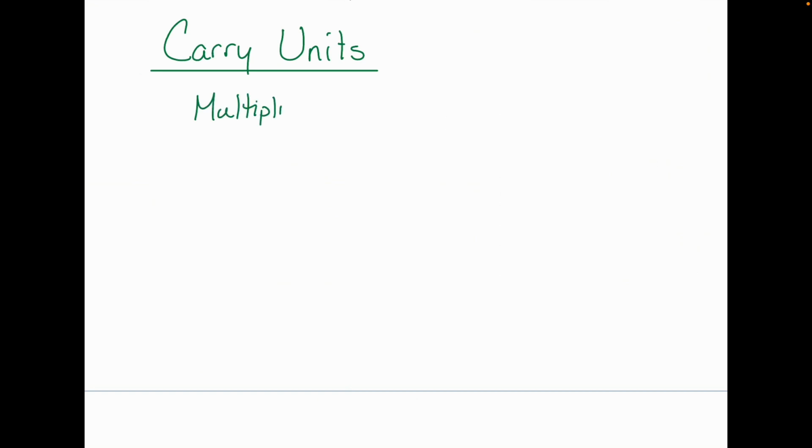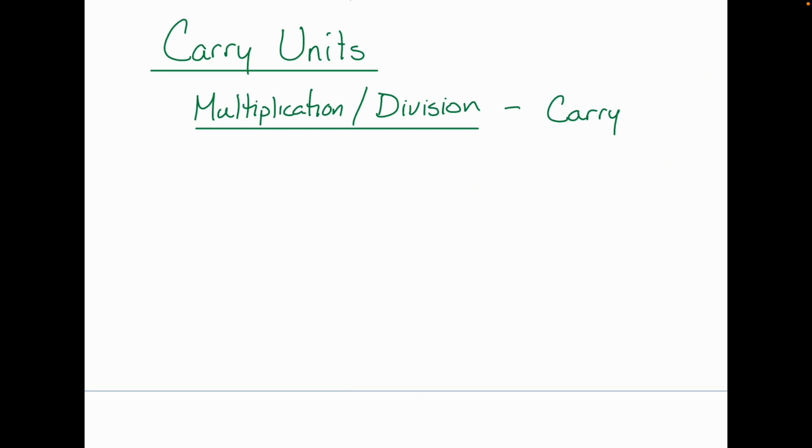Again, we're going to have different rules for multiplication and division versus addition and subtraction. In multiplication and division, our units carry. So what the heck do I mean by that?